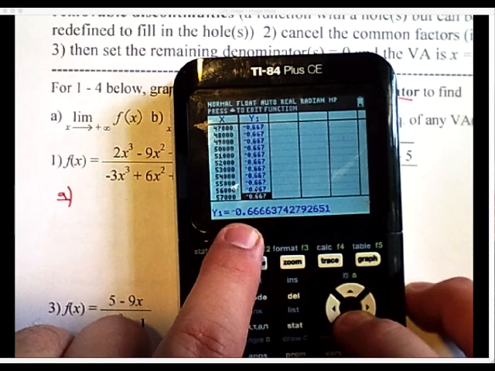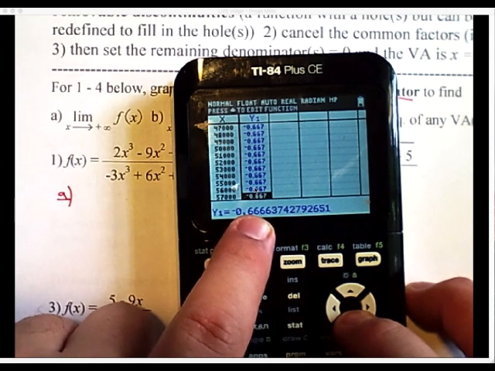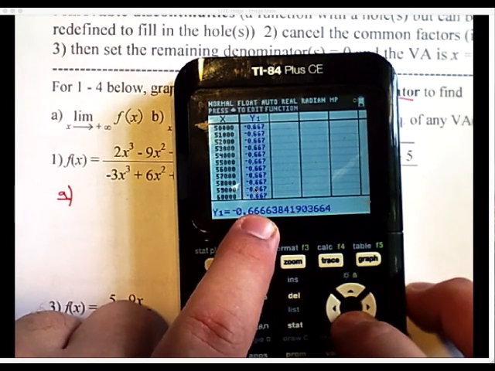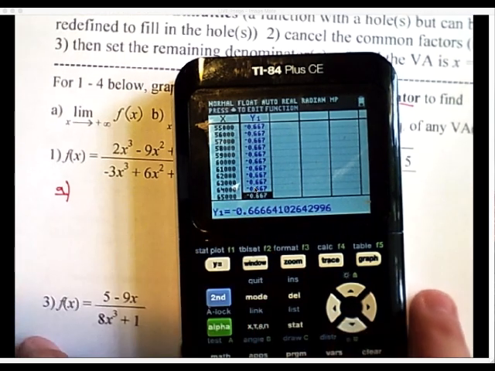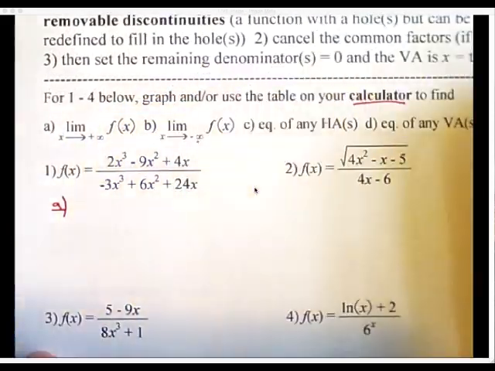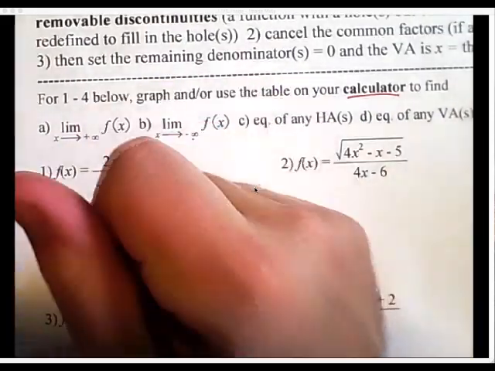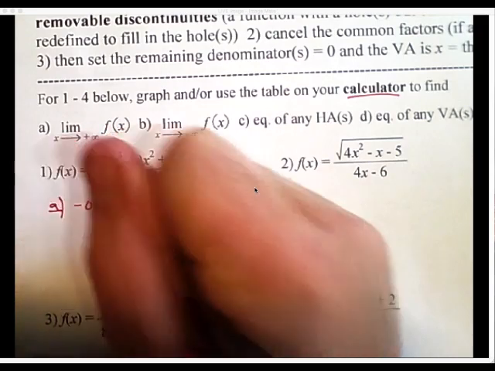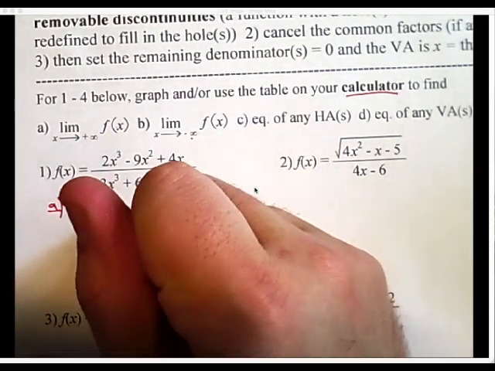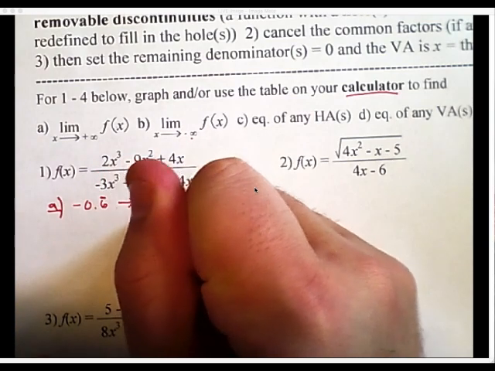Now, what is this approximately? It's about negative 0.6 repeating, if you think about it. And what is negative 0.6 repeating? Well, if you know your rules, that's going to be negative 2/3.